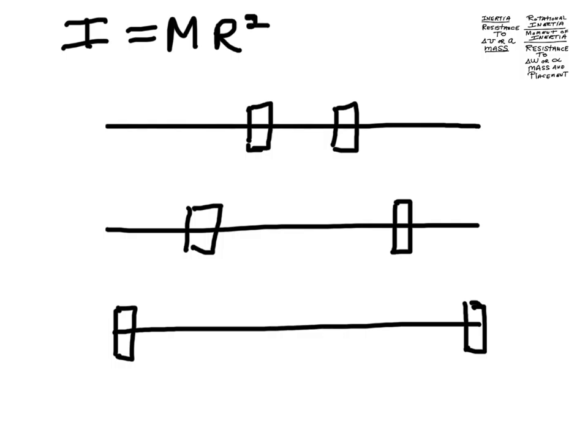So I want you to pause the video and calculate the rotational inertia of each of these 3 bars. Let me give you some information first. The mass of each mass is 1 kilogram. The mass of the bar is negligible, and the position on the bar for this mass is 40 centimeters. The length of the bar is 1 meter.